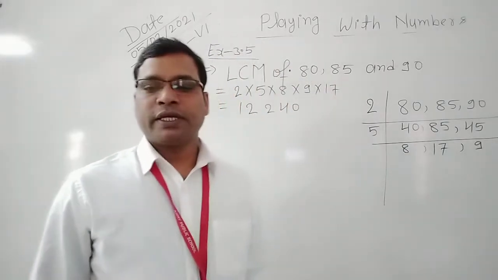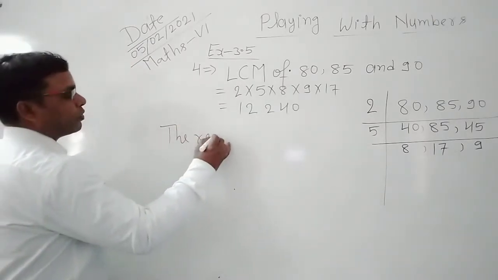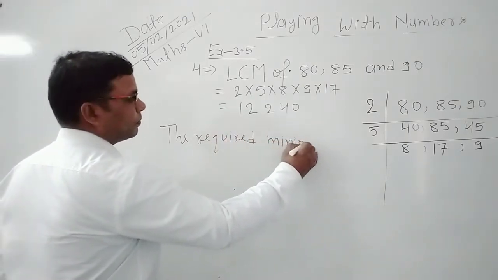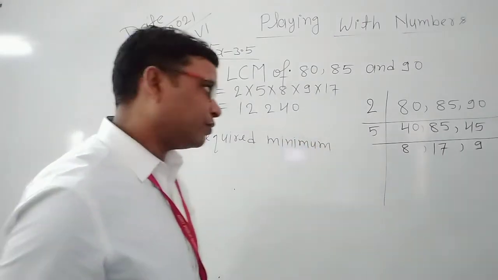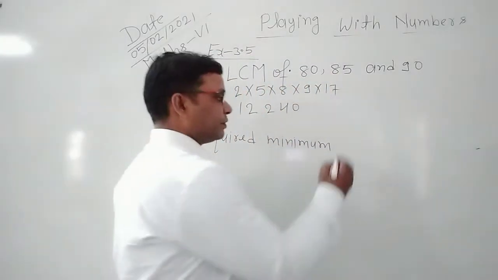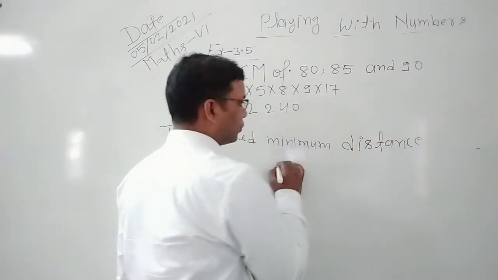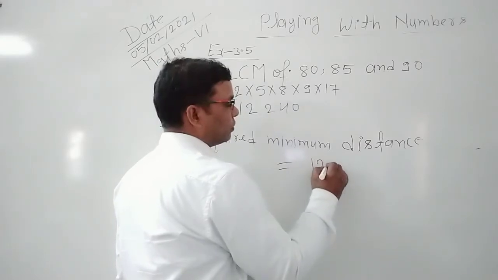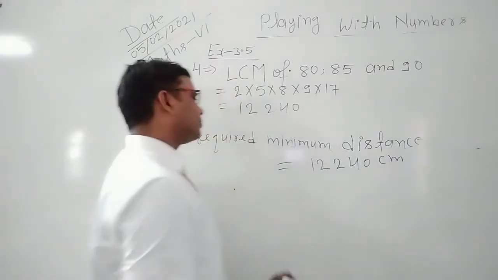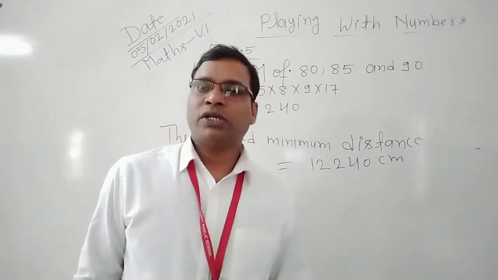So you can write: the required minimum distance is equal to 12,240 centimeters. You can also change it into meters.